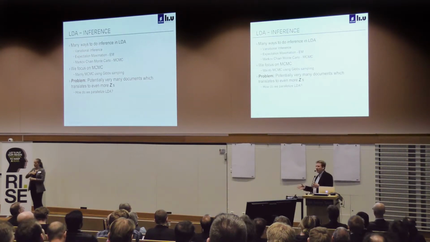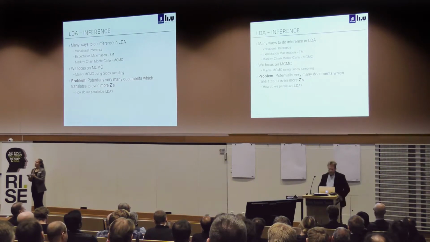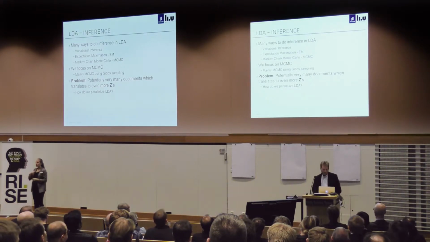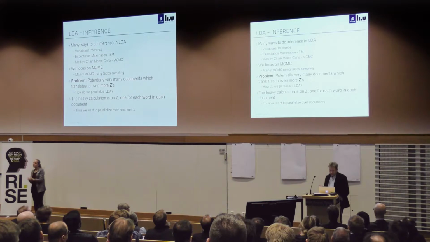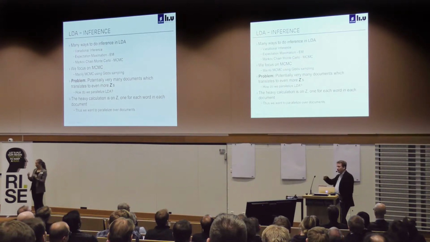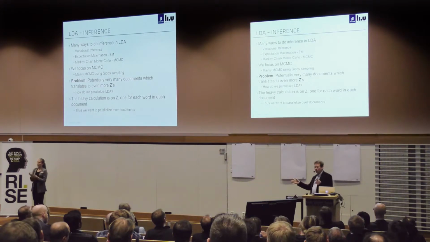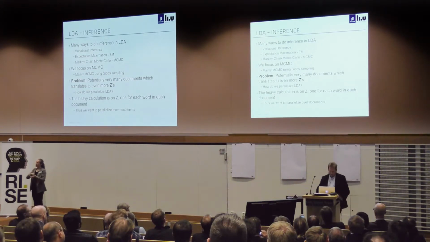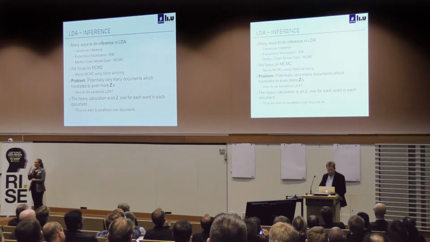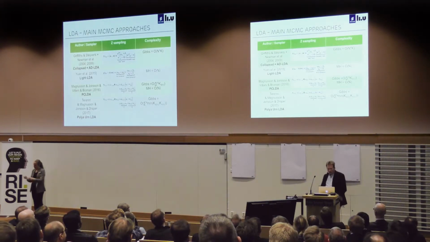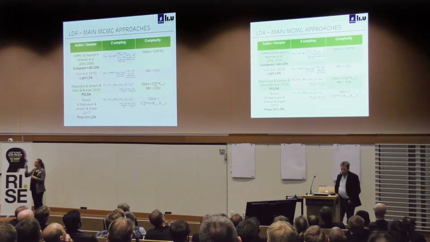So we want to parallelize this inference procedure to do it fast. And since the heavy calculation is on these Z's, because we have a lot of them, we want to parallelize over documents. So that's the ideal approach.